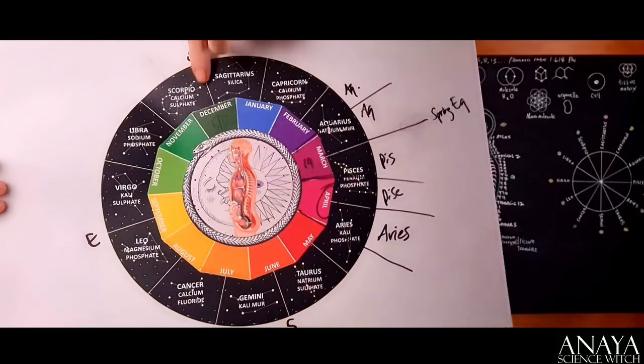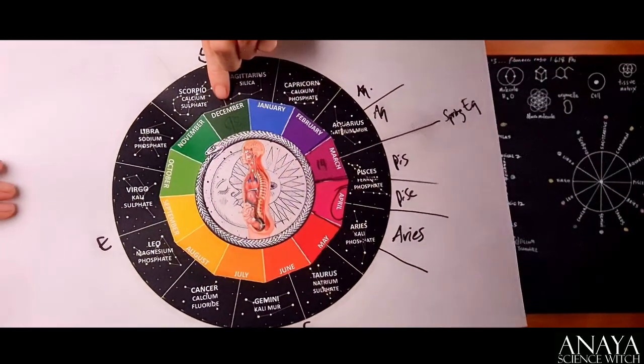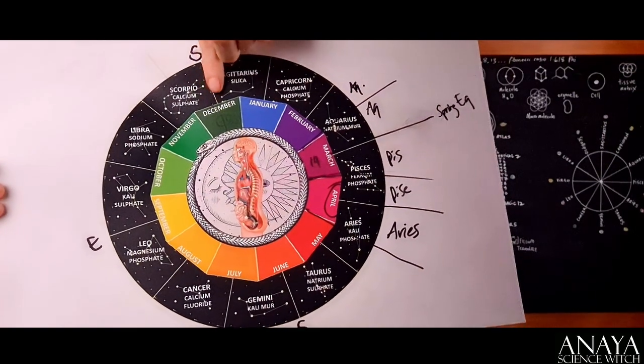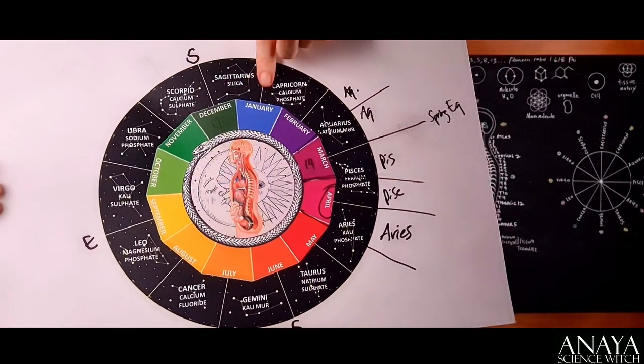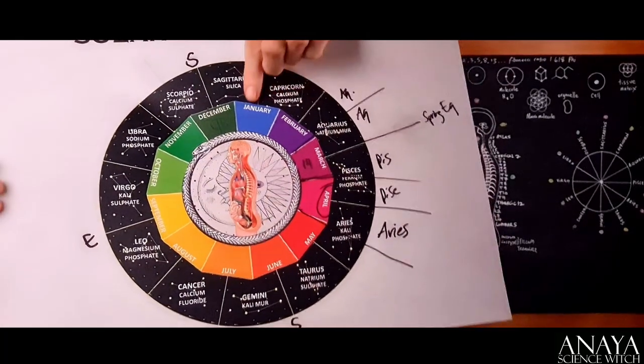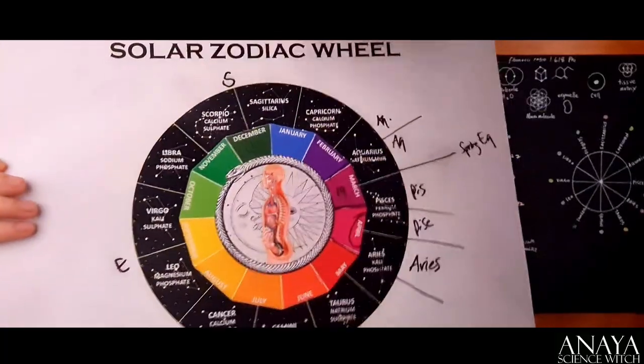So when the sun moves into December, around the middle of December, it's moved into this constellation. And when it moves into the next constellation, it happens in the middle of that month. So we've got wheels within wheels within wheels.